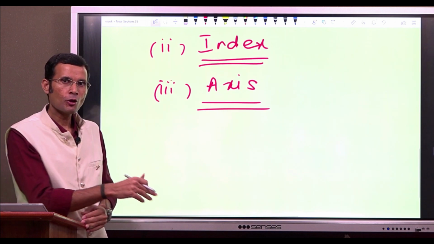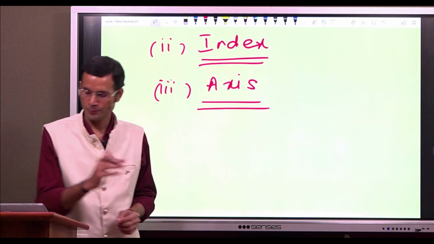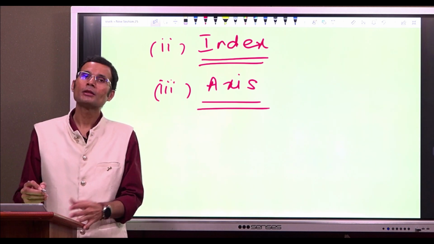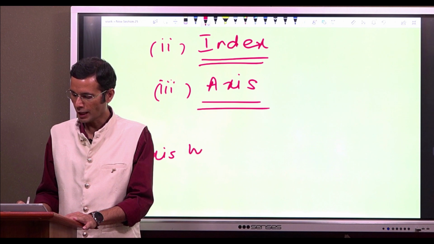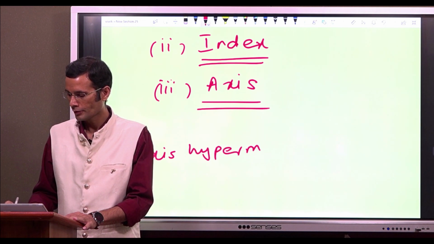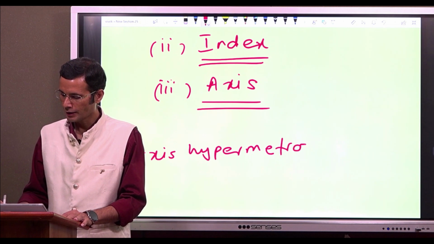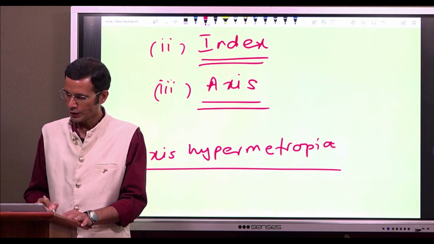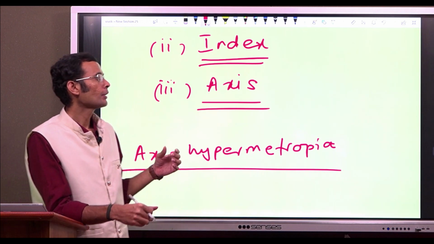Let me just end this topic by saying that at birth the child suffers from axial hypermetropia. Well, we have not discussed the errors of refraction yet.